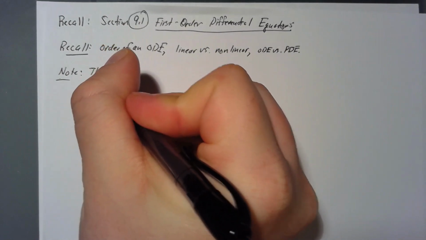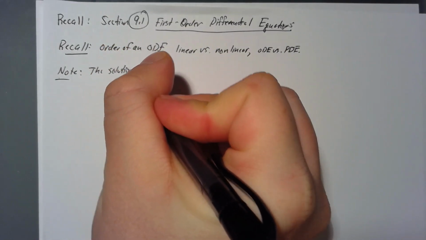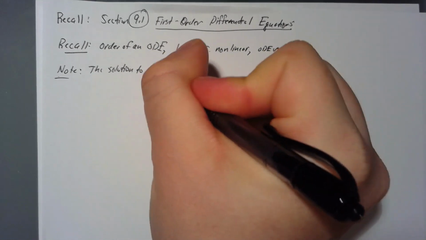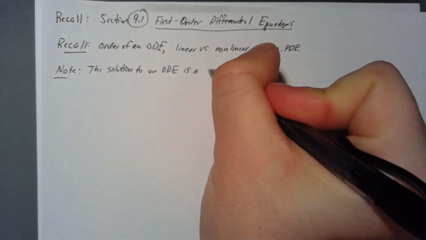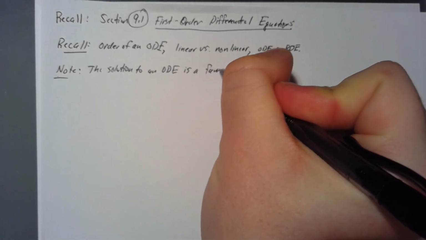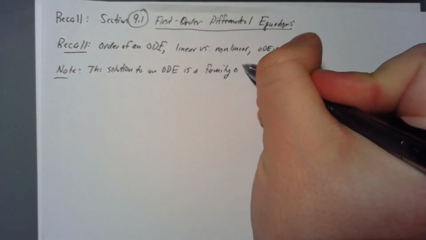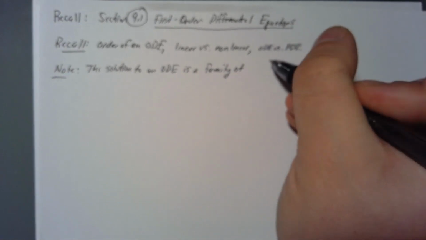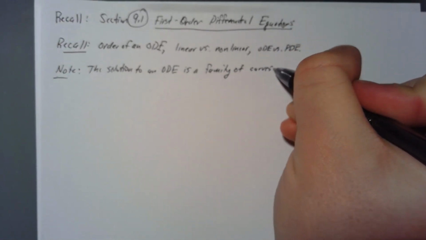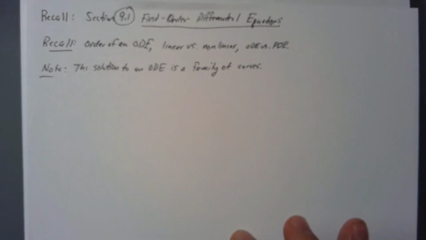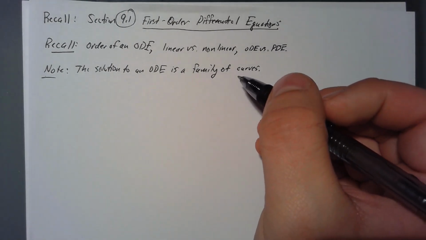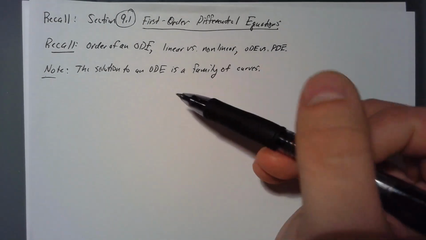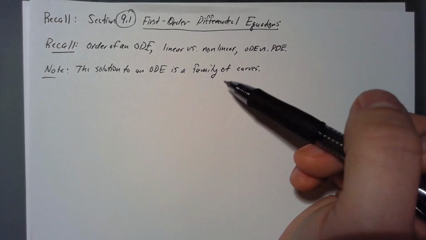The solution to an ODE is a family of curves. What do I mean by that? So basically the solution to an ODE is a family of curves. What do I mean by that?